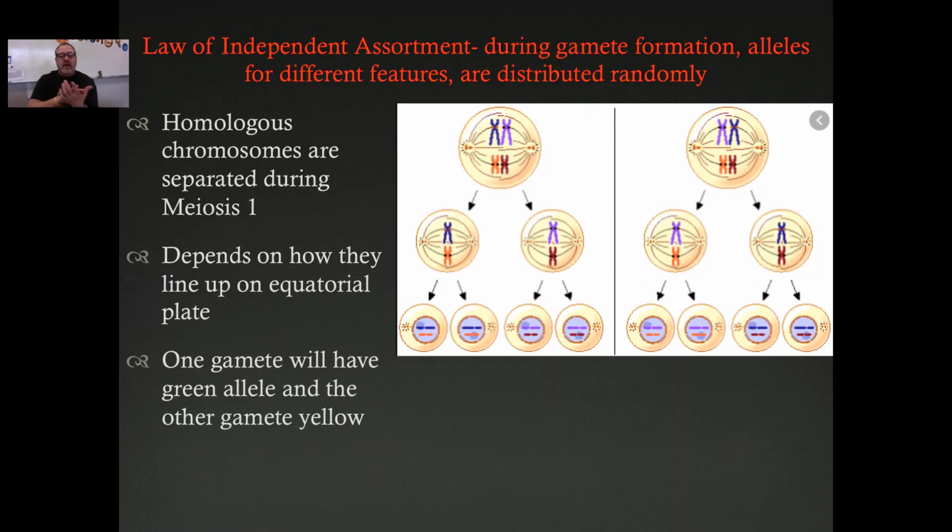Because they line up completely randomly, it evenly distributes the chromosomes and the traits, or the genes, that are on those chromosomes. Those homologous chromosomes separate during meiosis 1, and depending on how they lined up on the equatorial plate or the metaphase plate determines how they're going to be separated. One gamete is going to have the green allele, the other gamete, the yellow allele.